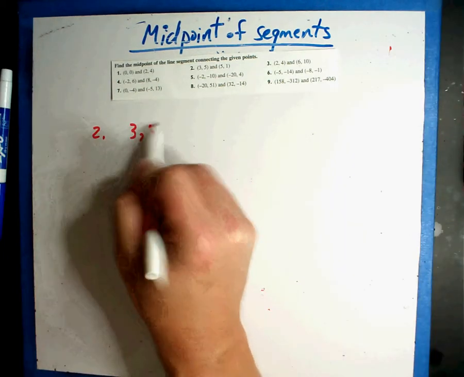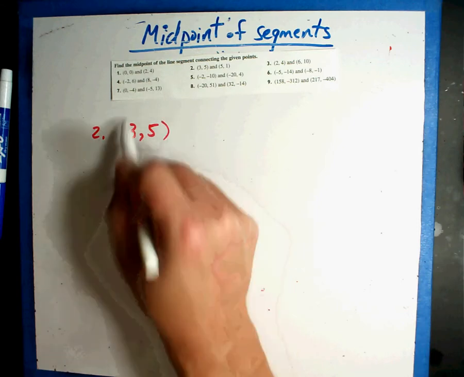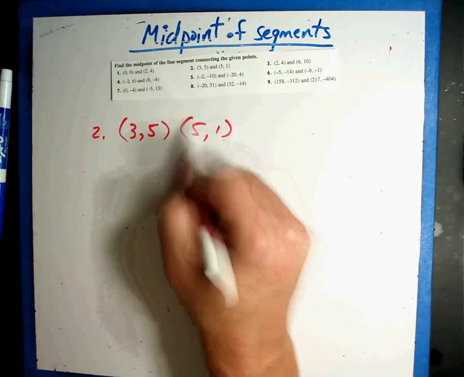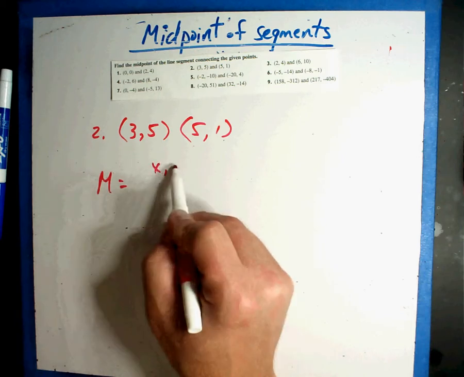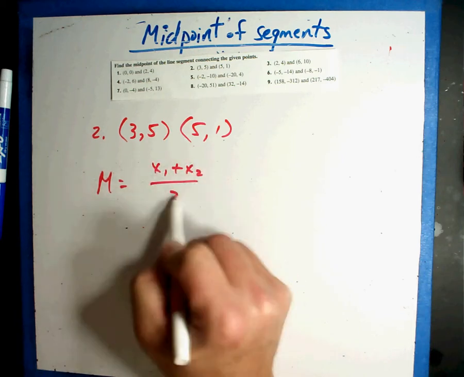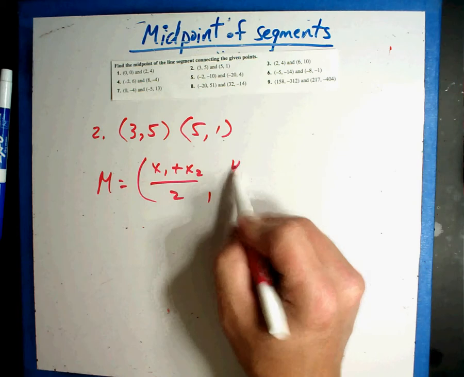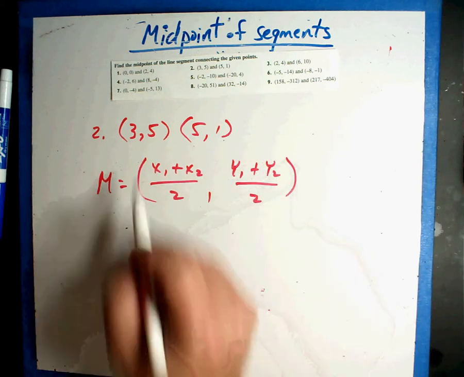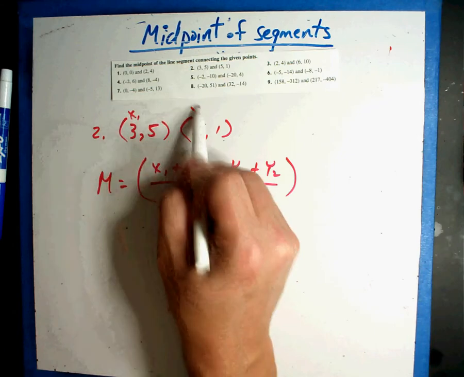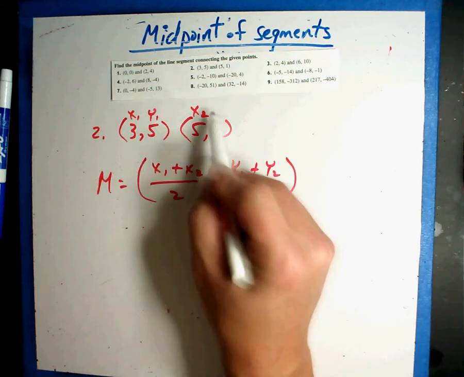3, 5, and 5, 1. All right, midpoint is equal to x1 plus x2 divided by 2 and y1 plus y2 divided by 2. So let's see what we get. There's x1, x2, y1, y2.